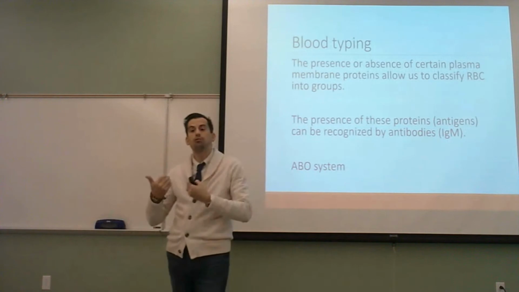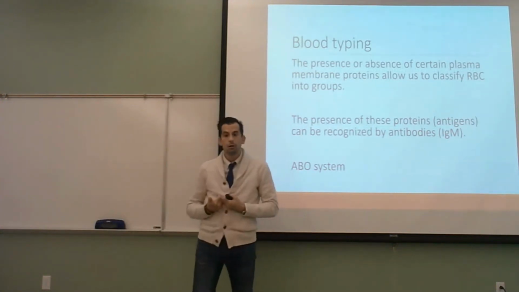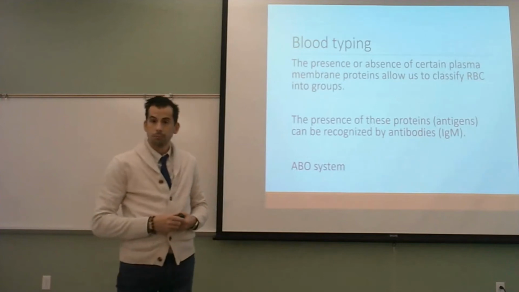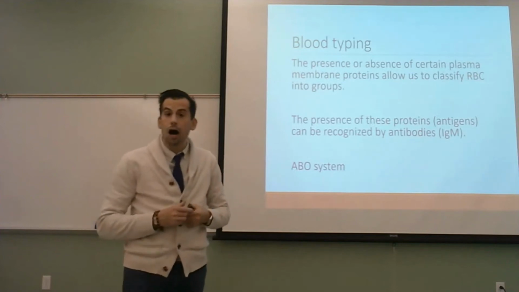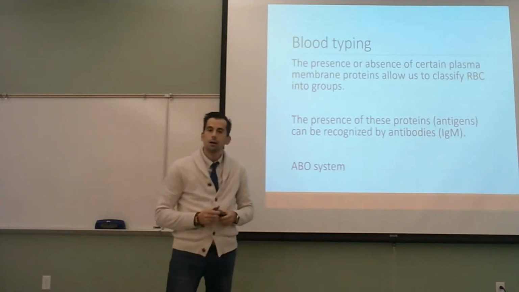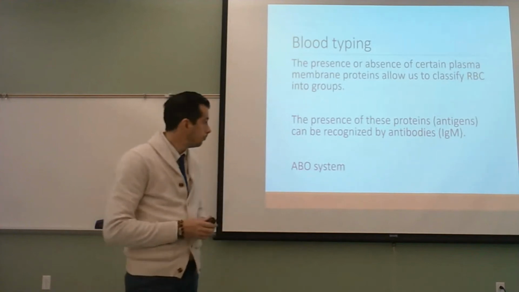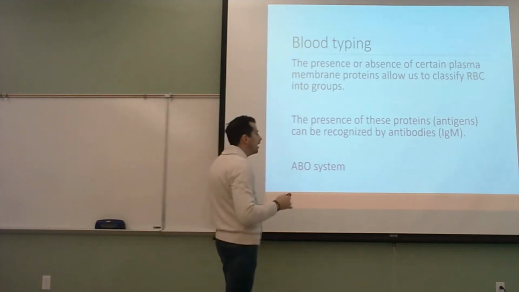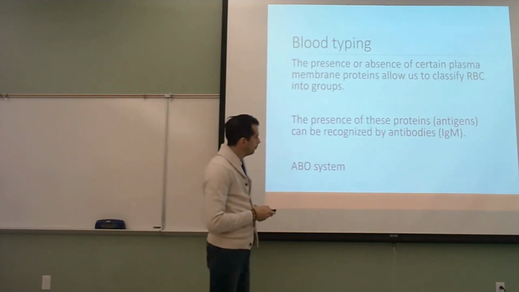And that should make sense. You don't want to produce antibodies for proteins that are naturally occurring. Essentially, that's the basis of autoimmune diseases, where your own immune system starts attacking natural tissue. But you will always produce the antibodies for the antigens that you lack.